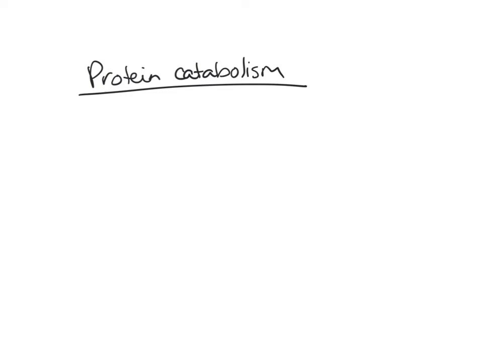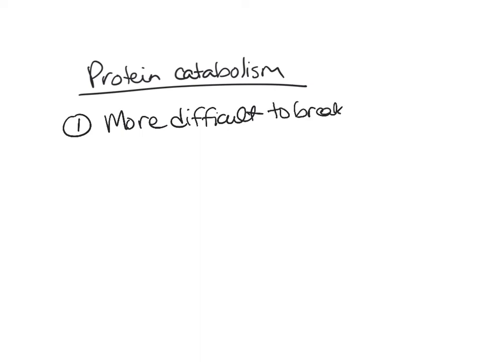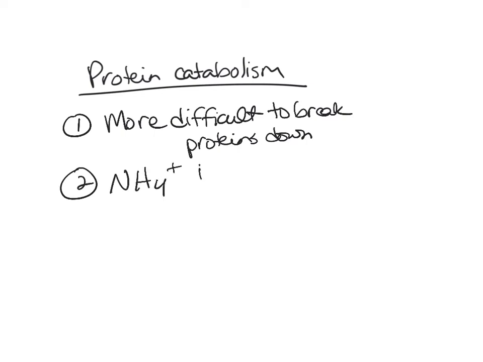There are three reasons why it's impractical to use proteins for energy. First of all, proteins are more difficult to break apart. Second of all, the byproduct ammonium ion is toxic.